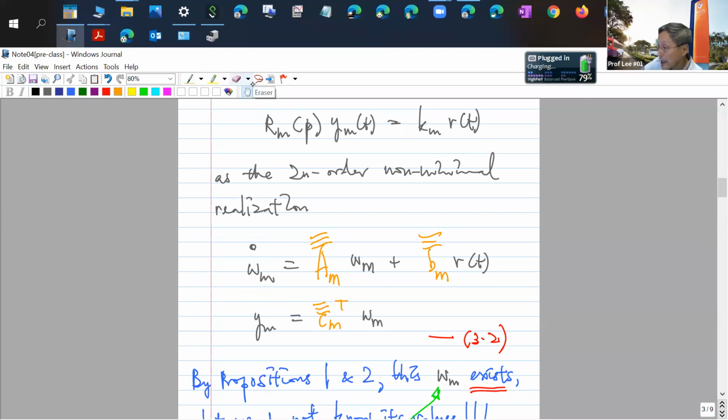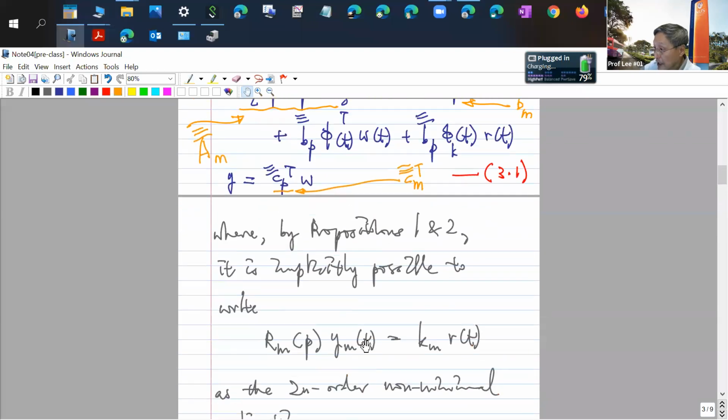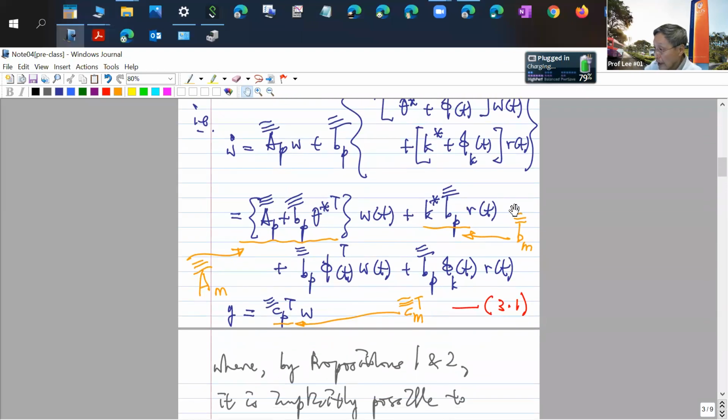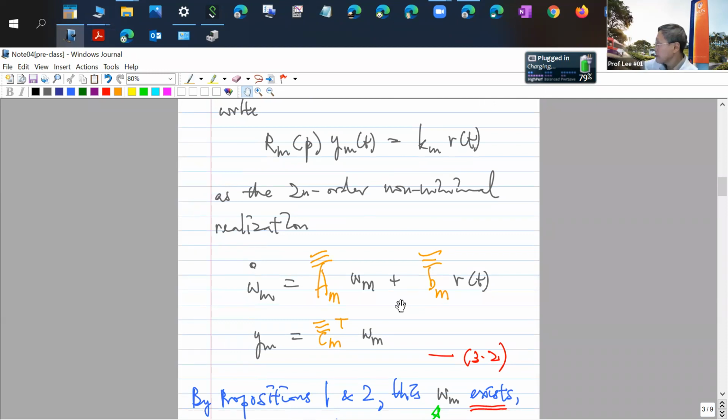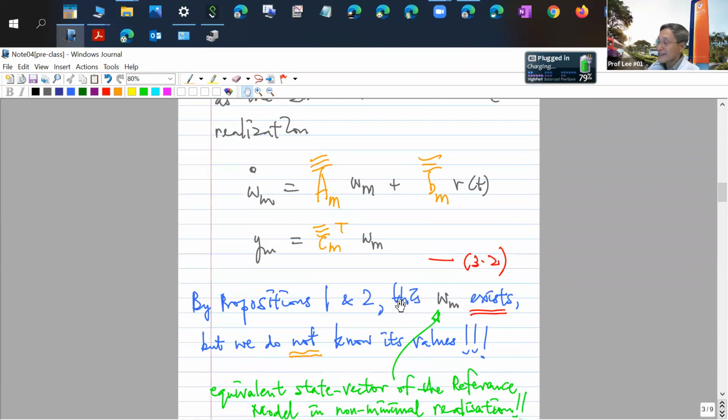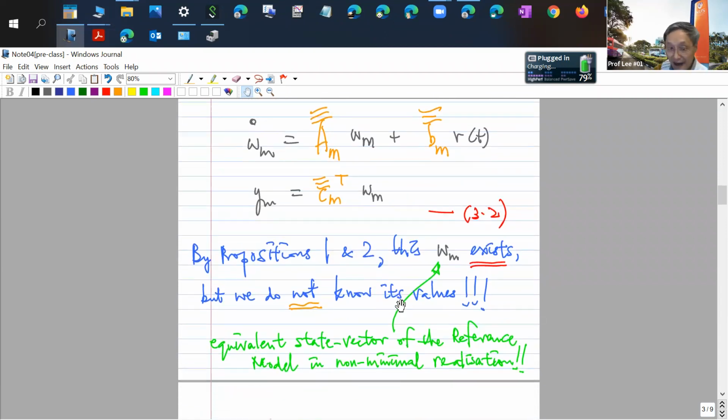And this AM, BM, CM exactly comes from what I put in here when you put in the exact theta star gains, the perfect gains. And this thing therefore exists. The only thing which is very fundamental twist here is that this thing exists, but unfortunately you cannot use this.